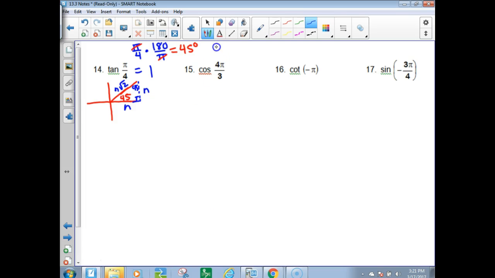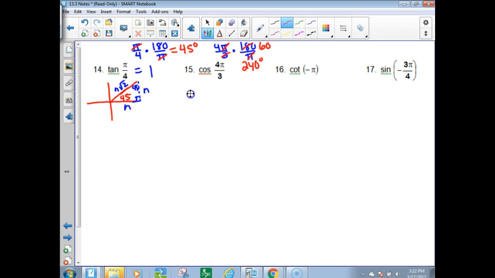All right, 4 pi over 3. Now we want to think about where that is. So we multiply by 180 over pi. The pi's cancel out, and then 180 divided by 3 is 60. 4 times 60 is 240.